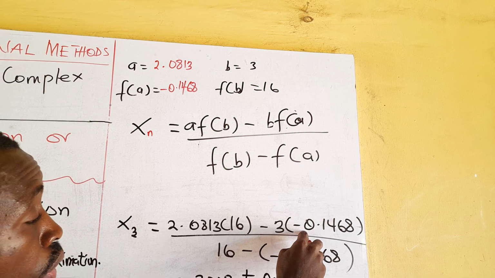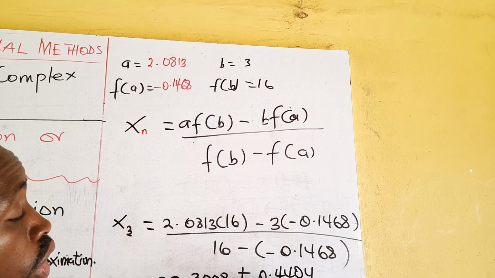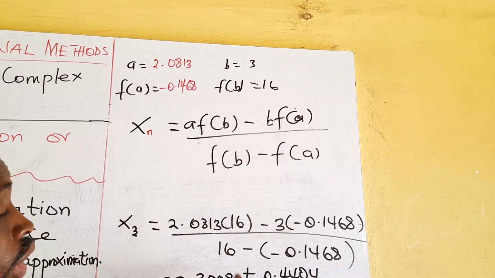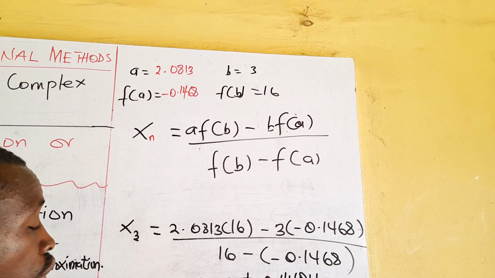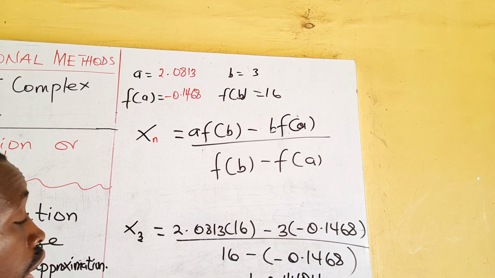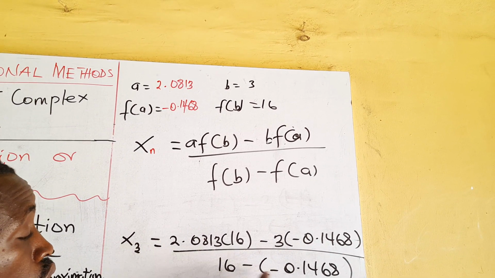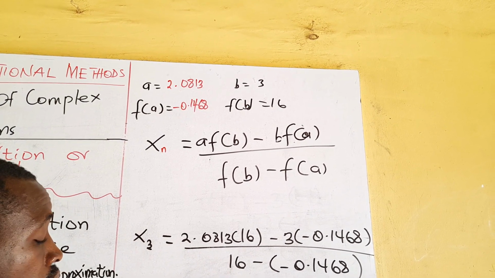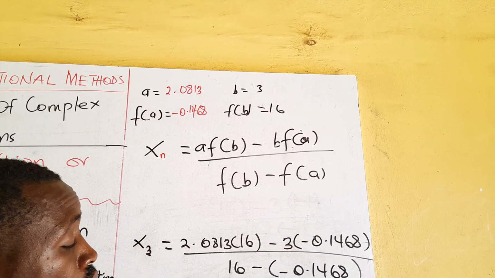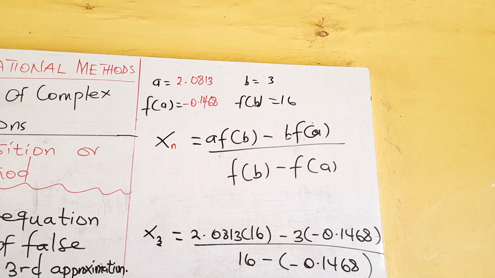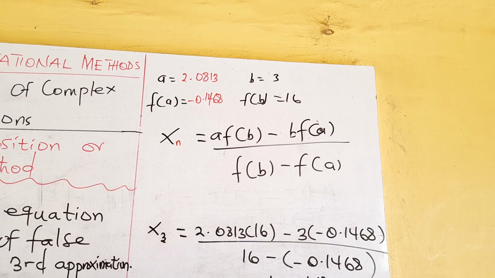Then this will produce positive, so plus 0.4404. When we add 33.3008 to 0.4404, we get 33.7412. Divided by, this will be positive, so plus 16.1468. So when we divide that, we get 2.0897.